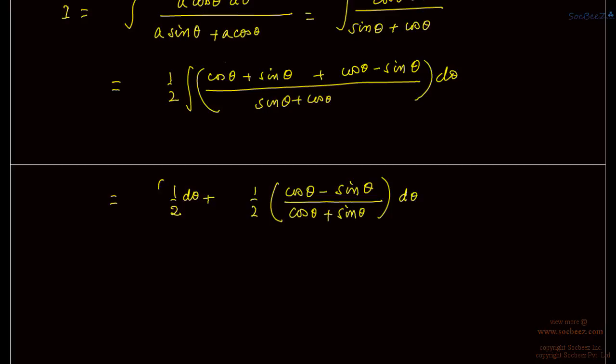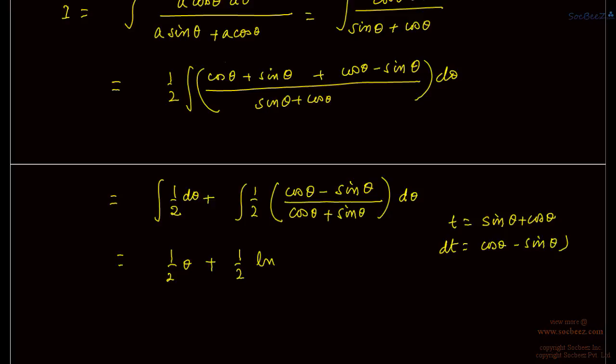We are separating both the terms. So we have these two integrals. The value of the first is half theta, and in the second, if we substitute cos theta plus sin theta as t, then dt will be cos theta minus sin theta d theta. So the integral will be half ln mod of cos theta plus sin theta, right?